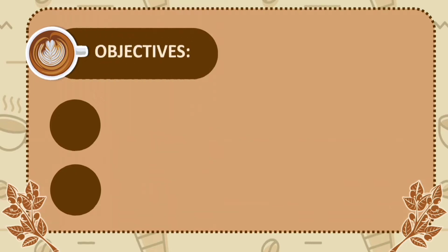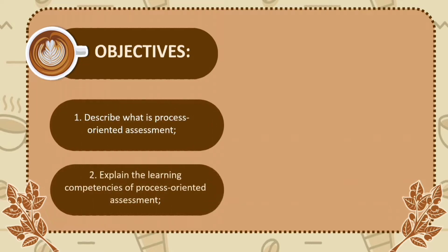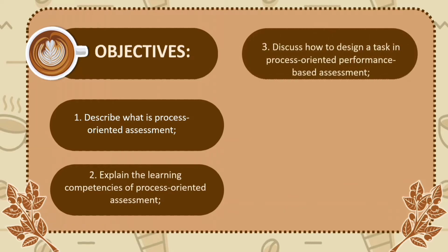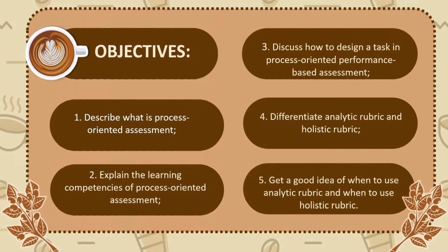In this video, you should be able to describe what is process-oriented assessment, explain the learning competencies of process-oriented assessment, discuss how to design a task in process-oriented performance-based assessment, differentiate Analytic Rubric and Holistic Rubric, and get a good idea of when to use Analytic Rubric and when to use Holistic Rubric.